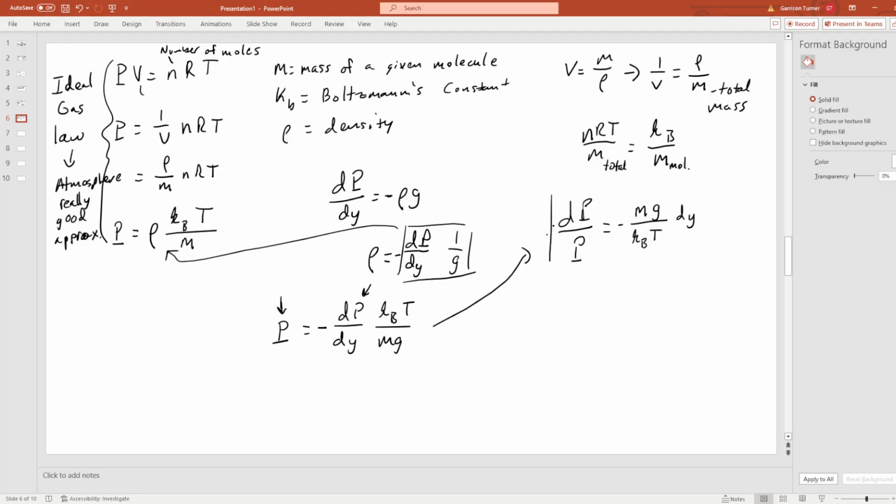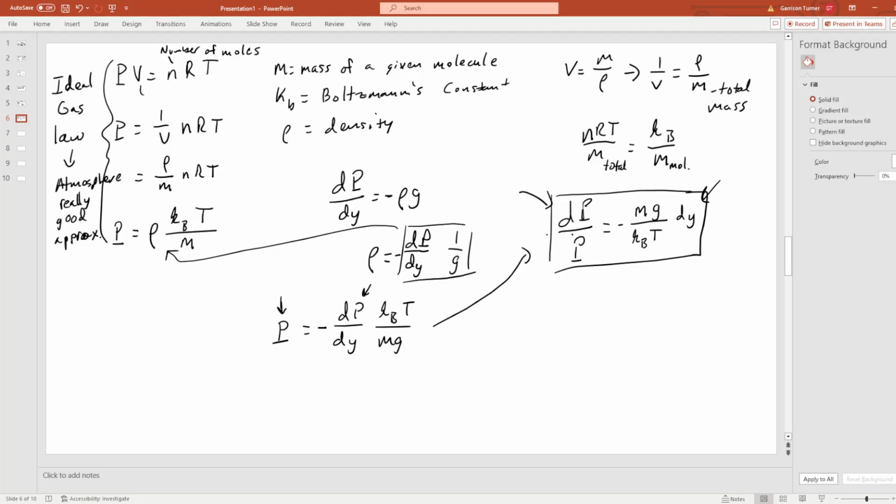So what kind of differential equation is this? Or not necessarily what kind of differential equation is it, but what kind of solutions would we expect? This is what we call a separable equation, and we've already separated it out. We've got all of our P's on one side and everything else on the other.